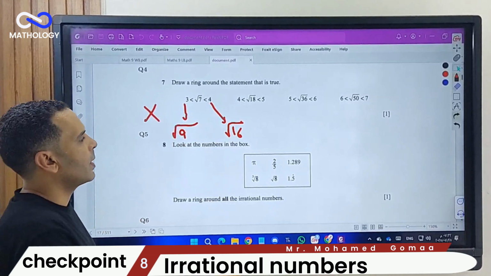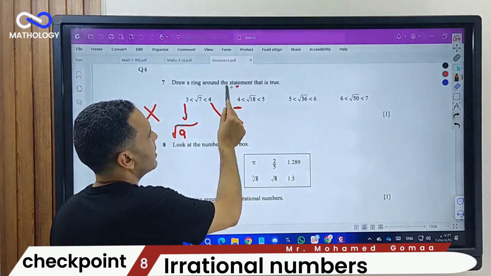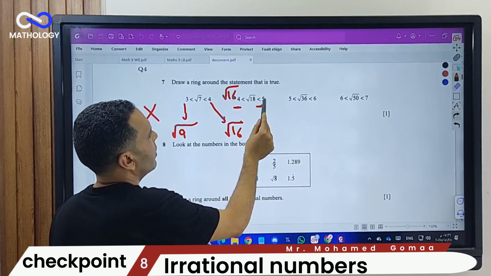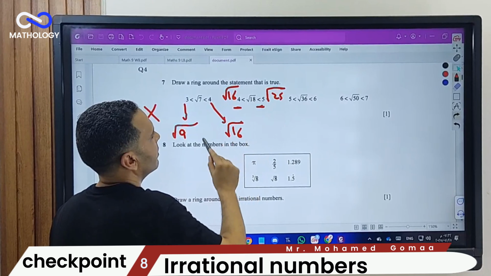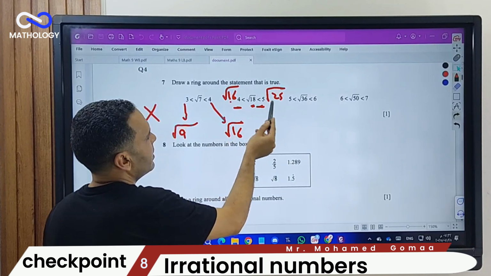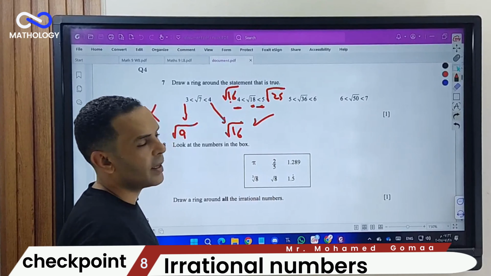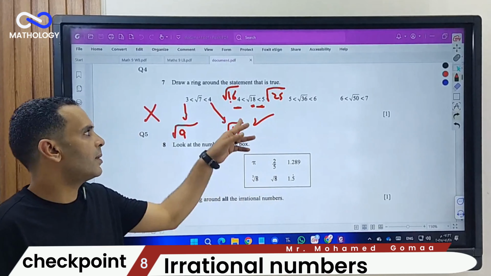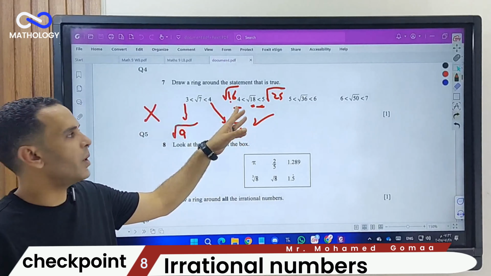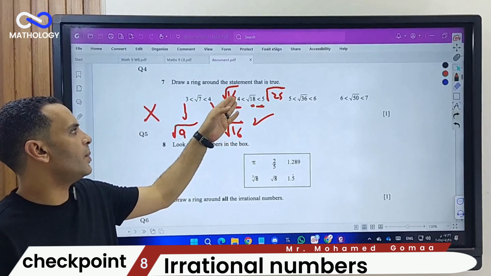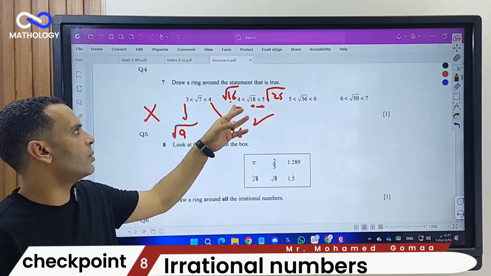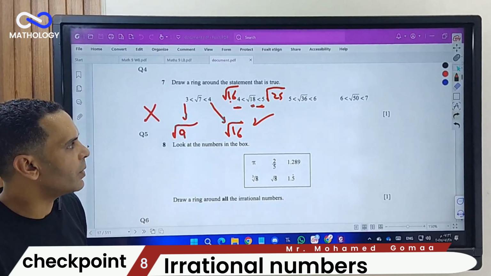This one, the square root of 16 equals 4 and the square root of 25 equals 5. 18 is between 16 and 25, right. This statement is true because the square root of 18 is greater than the square root of 16 and smaller than the square root of 25.